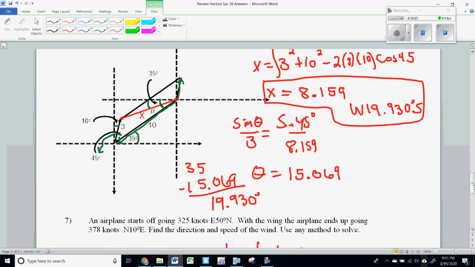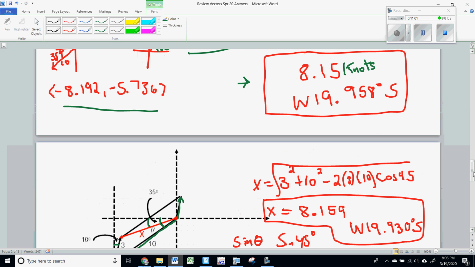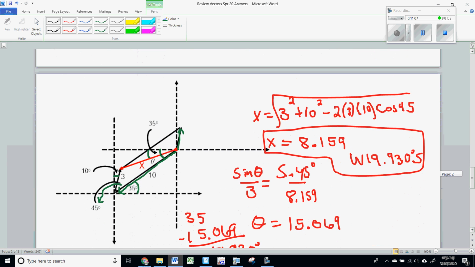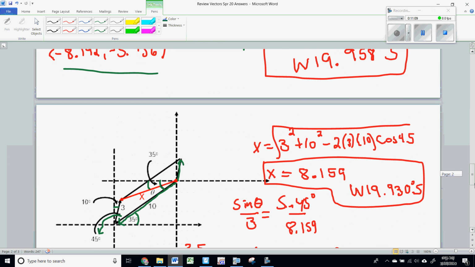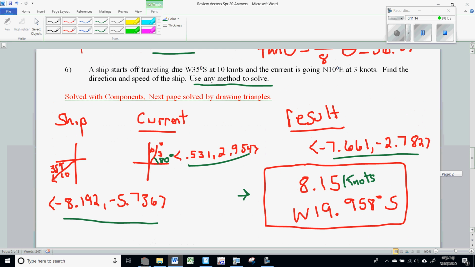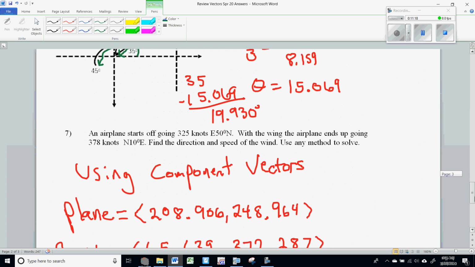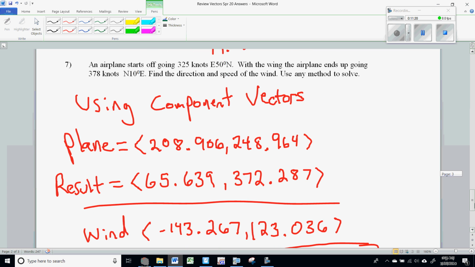Now you'll notice these are off by a couple decimal places just because of rounding as I'm doing all these problems, but they're close enough that we do the same way. So I don't really care which way you want to do that one. If you want to use components, that's the method I prefer, or if you want to try to draw the picture. Now for the last one, I think it's much, much easier using components.